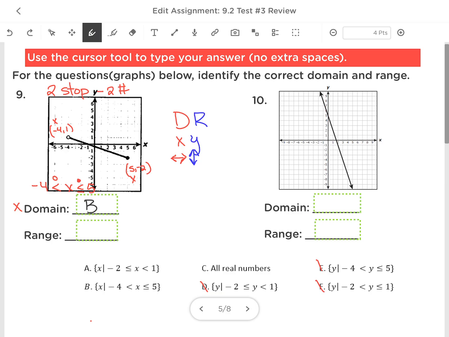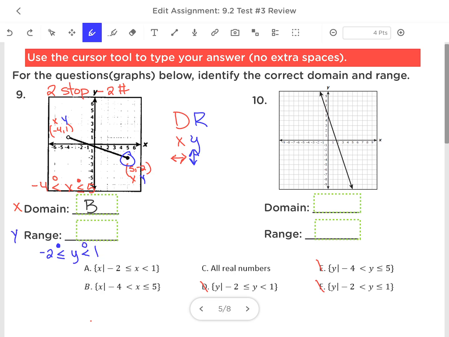Okay. The range is bottom to top. Started from the bottom, now we're here. So my bottom y value is a negative 2. Again, we use y for the range. And my top y value is 1. Negative 2 has a closed circle, which means it gets a line. And 1 has an open circle and no line.